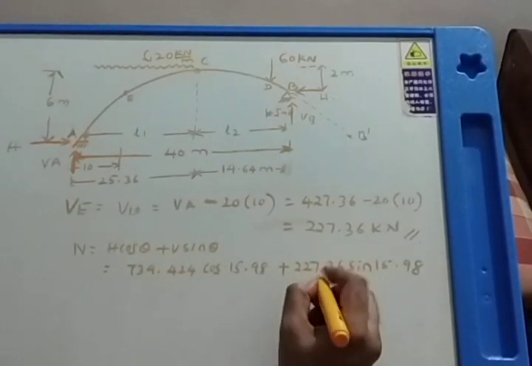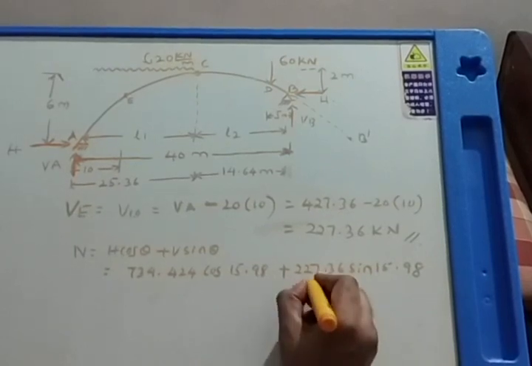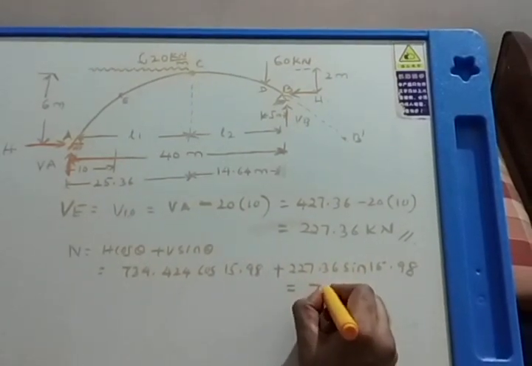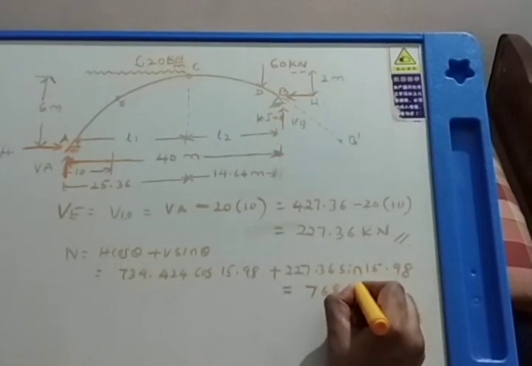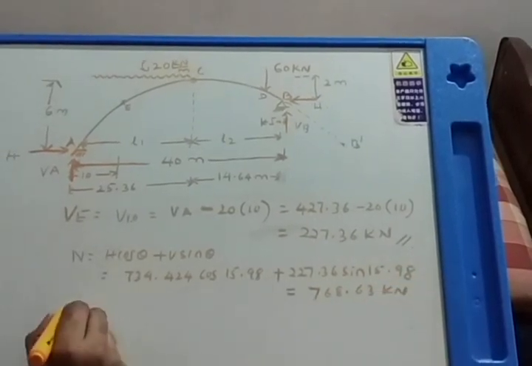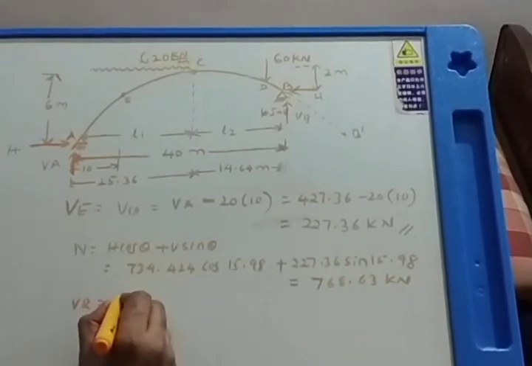If you do the calculation, you are going to get the value of normal thrust equal to 768.720.63 kilonewton.